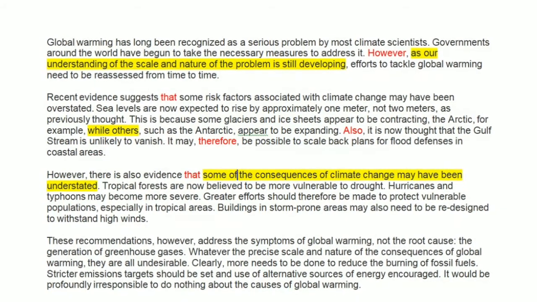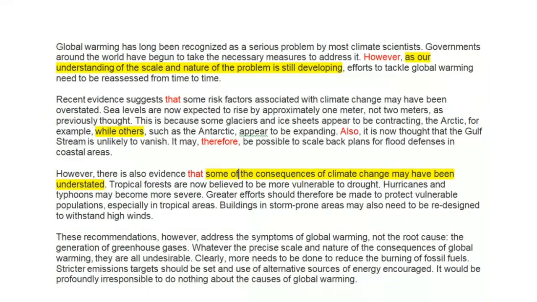Principle of complex sentence consists of, first, subordinating conjunction, and for the second one, relative pronouns. Let's analyze this writing.